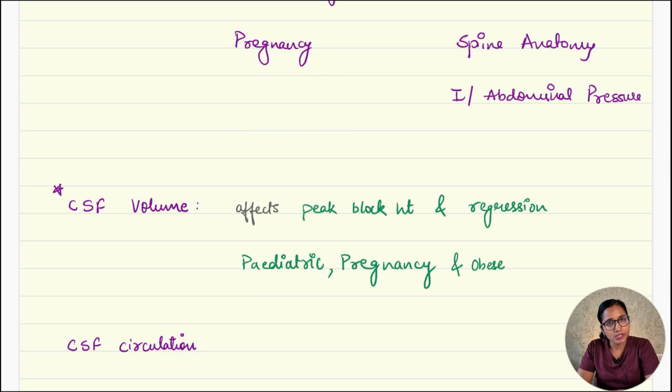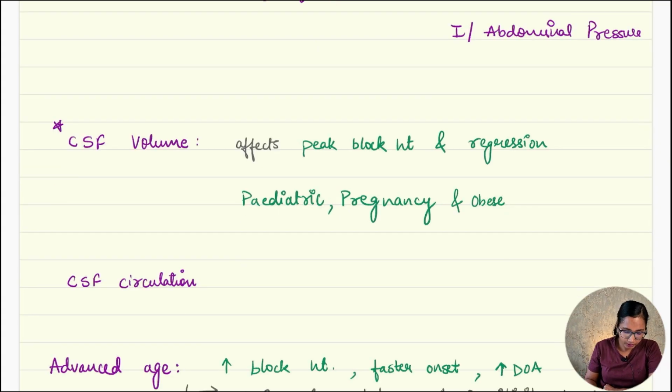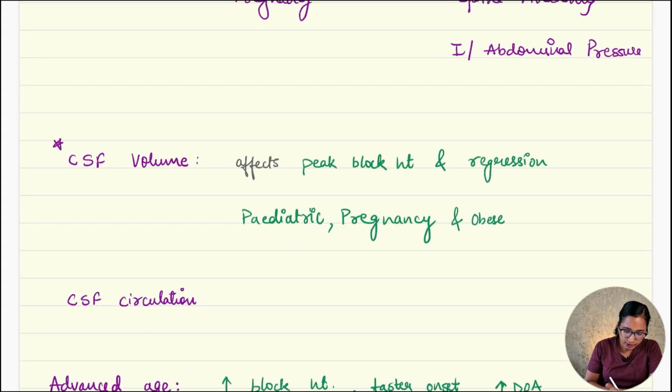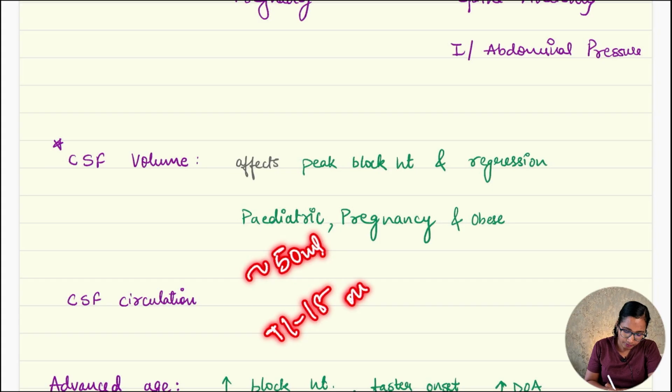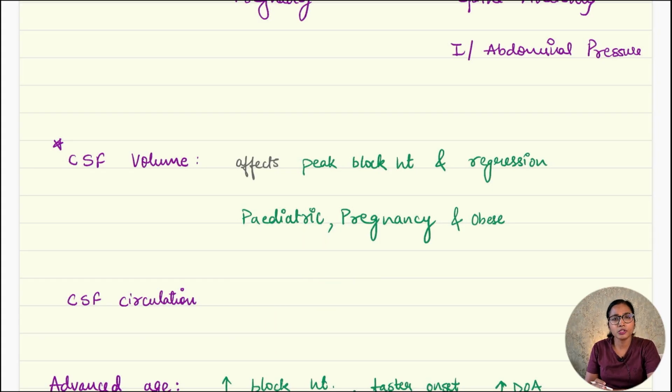The more the CSF volume, the less will be the spread of the drug. If we talk about pediatric and adult cases, in pediatric cases approx CSF volume is 50 ml, whereas in ml per kg it is 11 to 15 ml per kg, which is much higher as compared to adults, which is 2 to 4 ml per kg.